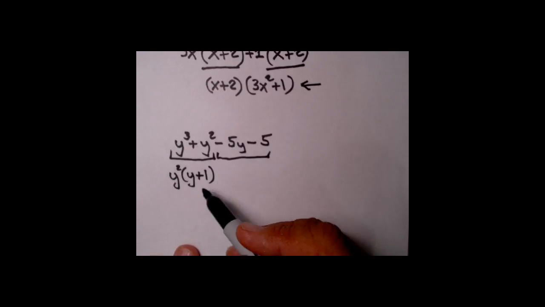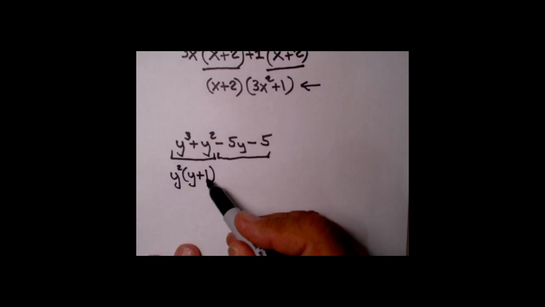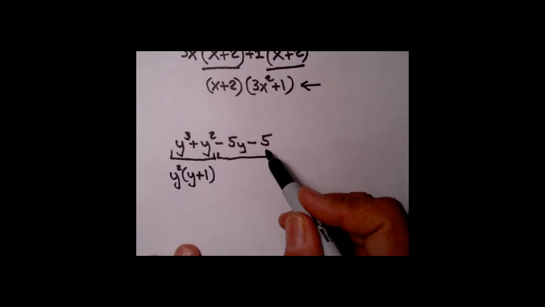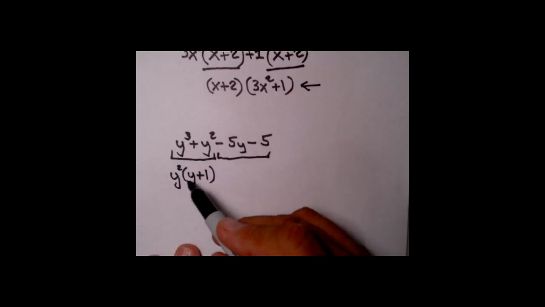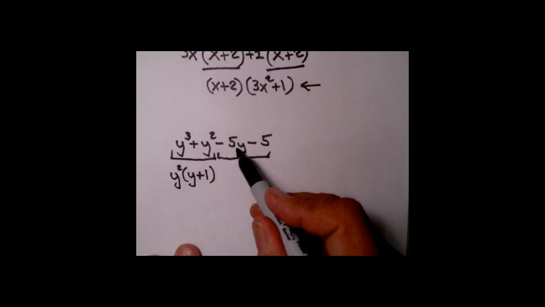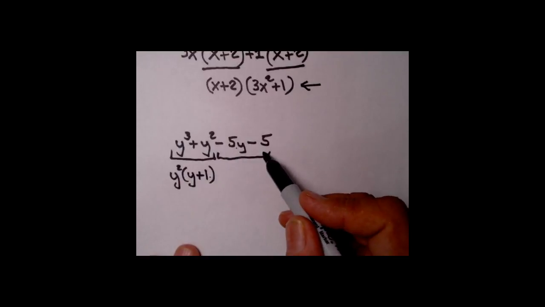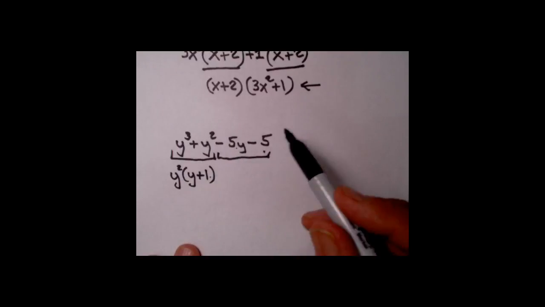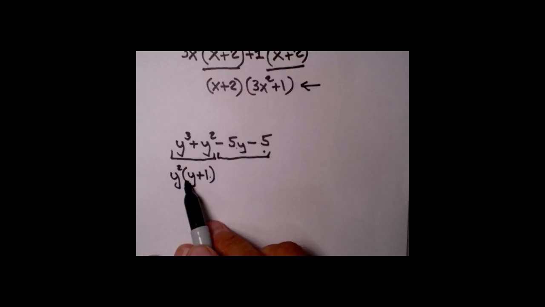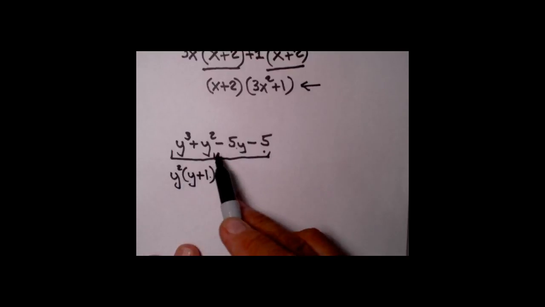Remember, this y plus 1, if it shows up, has got to come from these guys right here. In other words, this first guy has to come from the first guy here, this second guy from the second guy here. Compare the signs. You see this y here? You don't see a sign, but officially it's plus. Plus to minus, those are opposite signs.